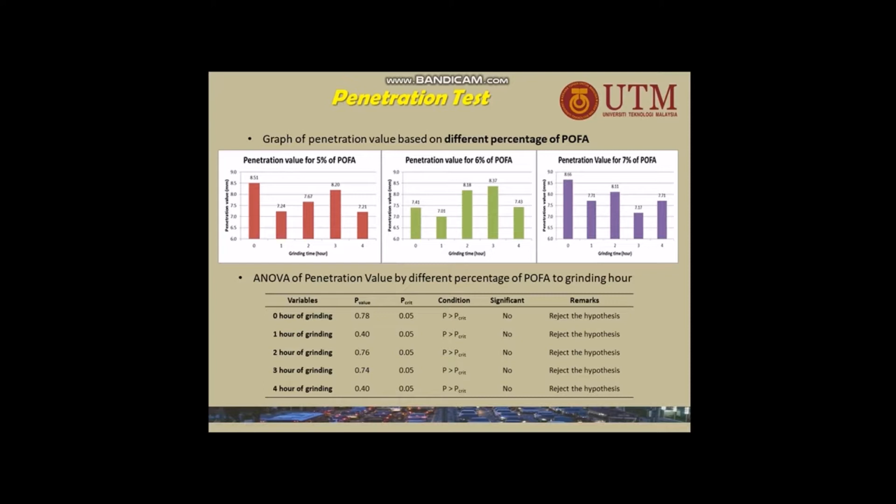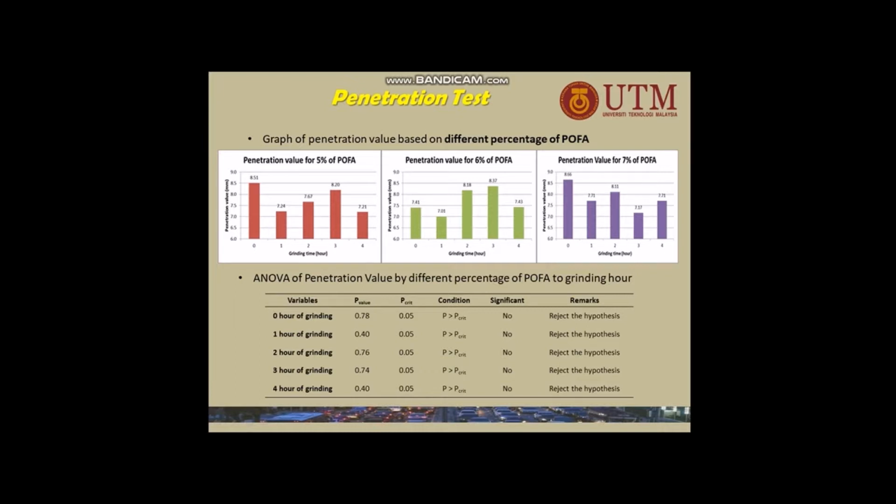To see if the grinding hours of POFA has a significant effect on the penetration value, the ANOVA test is run. The hypothesis is accepted if P is less than P critical, where P critical is equal to 0.05. As we can see in the table, P is greater than P critical, so the hypothesis is rejected for all samples.